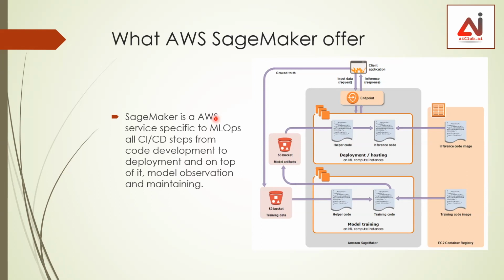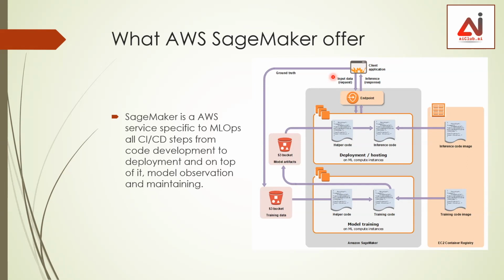All these stages which you see in the block diagram are fully automated within SageMaker itself. All data is taken in and out from the S3 bucket, and all the model artifacts, like the trained model, are also stored in the S3 bucket itself.